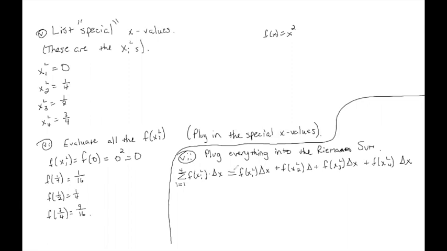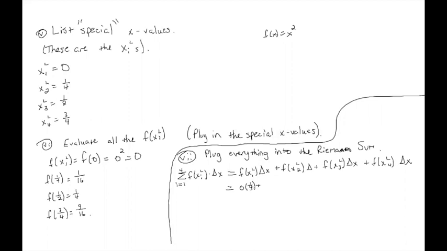I equals 1, 2, 3, 4. f of x1 is 0, so I get 0 times delta x, which in this case was 1/4.